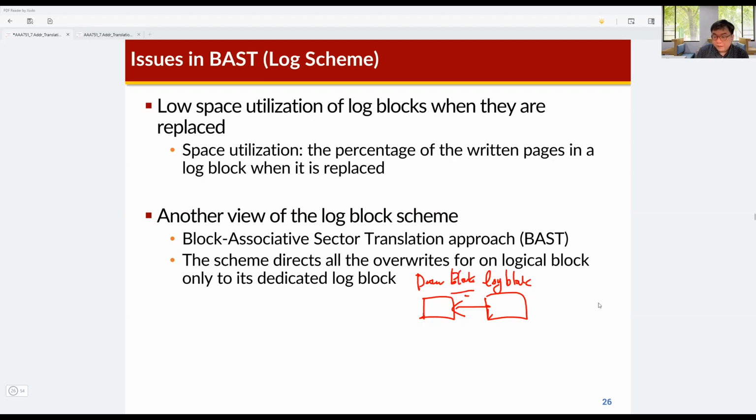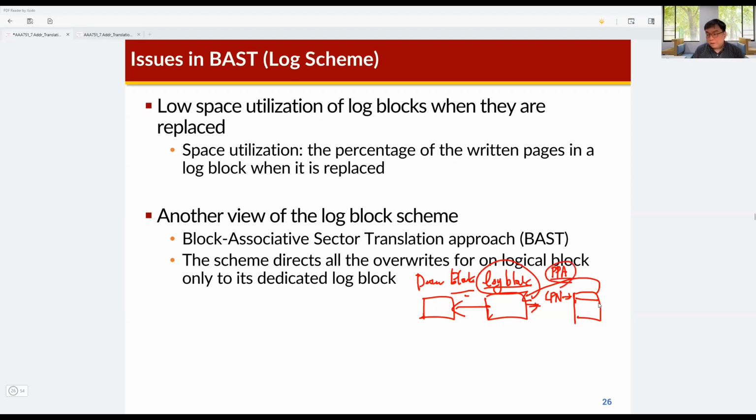And then inside of the log block, this BAST applies the page level mapping mechanism. So what is the page level mechanism? If the logical page number is given to this page translation table, then this page translation table makes the physical page address.